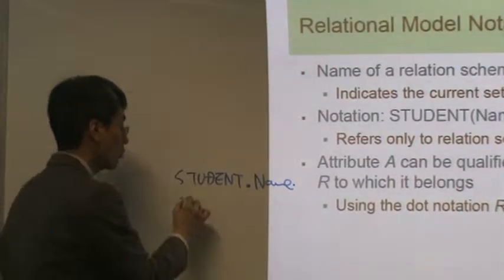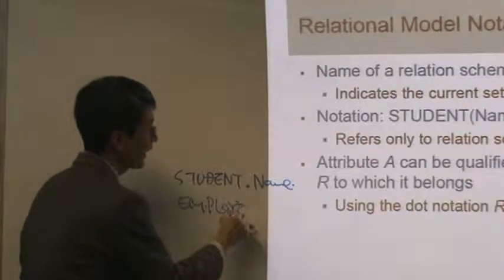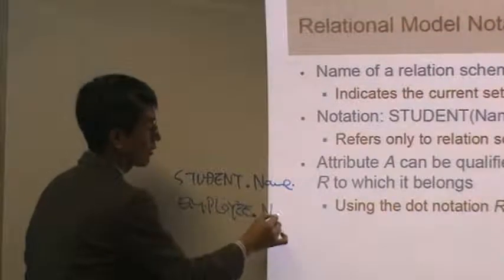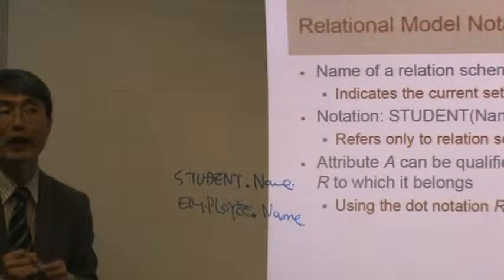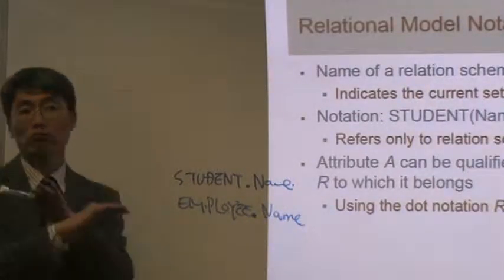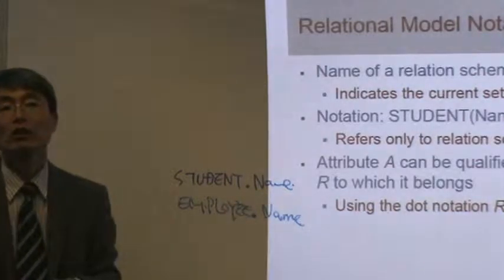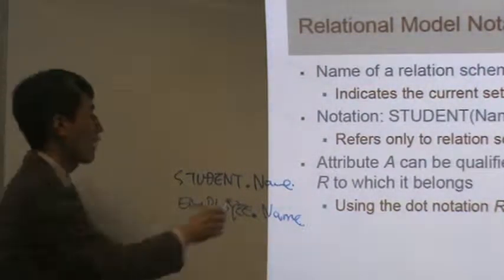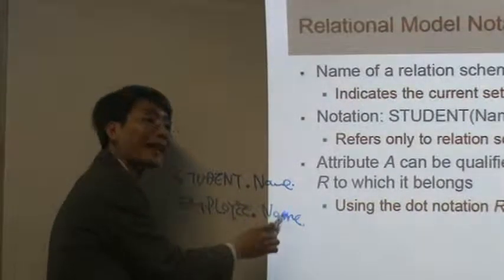Sometimes you may have an employee table that also has a name attribute. To differentiate, this name and that name are different. They may have different domains. They are from the student name domain and the employee name domain.